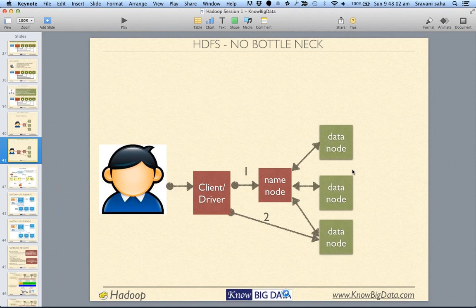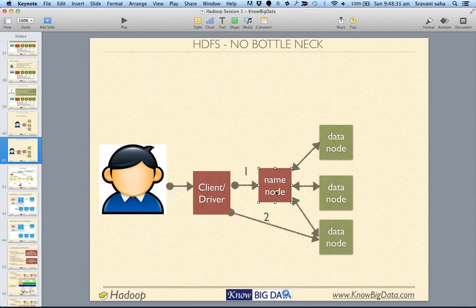All right. Now the next question is, in all these circumstances, the name node is not the bottleneck anymore. Name node keeps all the metadata, as in which file, which folder contains which files, which file has how many blocks, and which block is located on which data node.